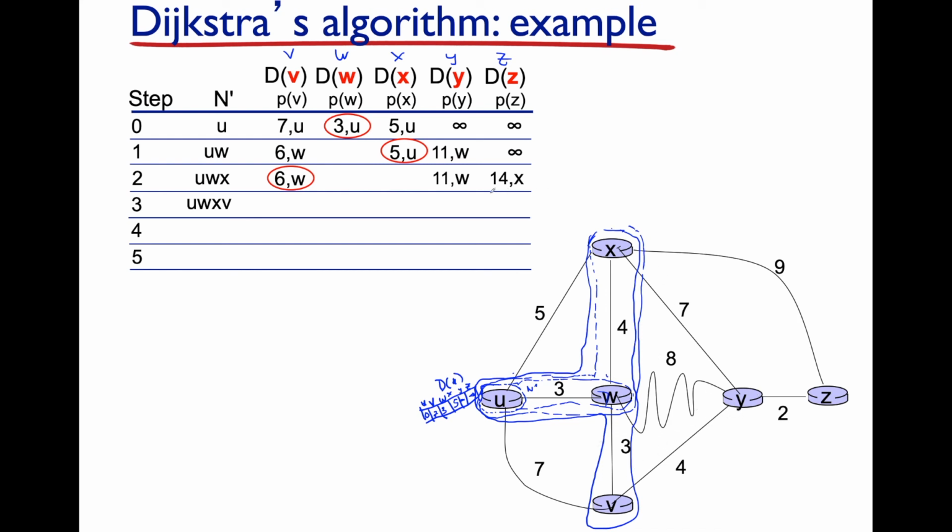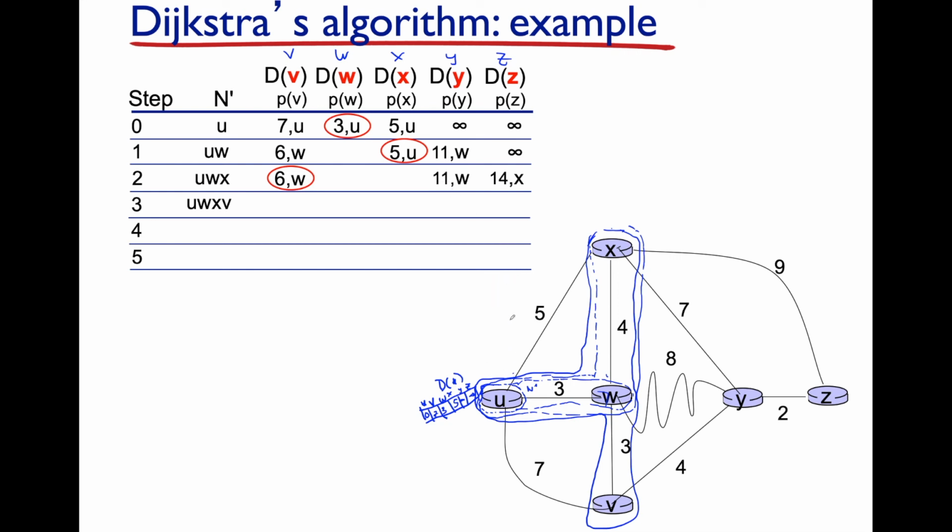Now, at present, to get to y from u, I go indirectly through predecessor w in order to get to source u. So that path cost is this leg, which is 3 plus 8, that's 11. So I ask the question then, is it cheaper to get to y indirectly through v, or to maintain that existing predecessor w from y on the path back to source u at a total cost of 11?